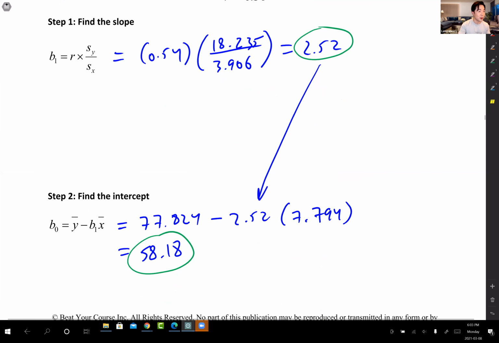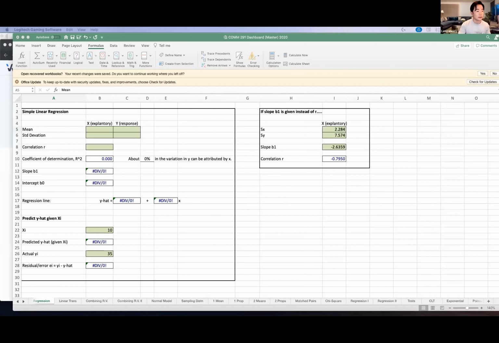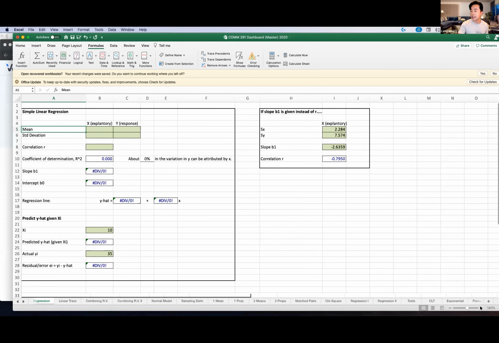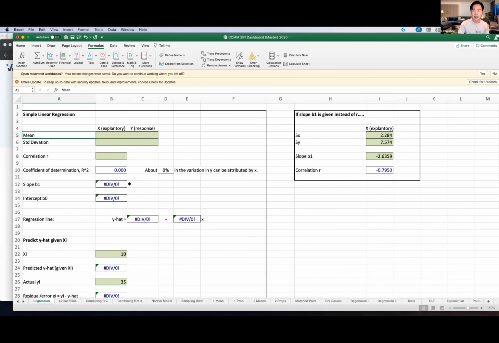So as a review, I know we went pretty fast last night about this question. On the exam, I'd say, okay, I have the Excel input already. So I just enter X bar is 7.794.